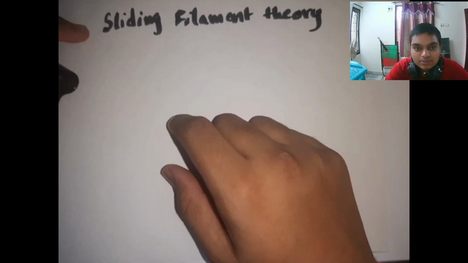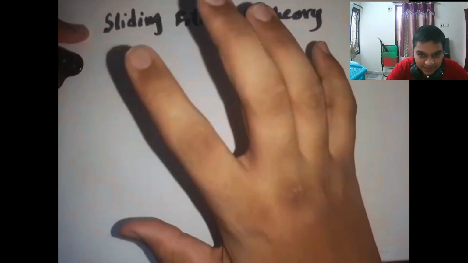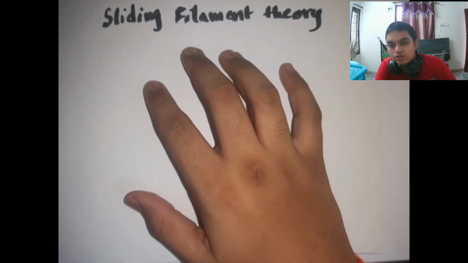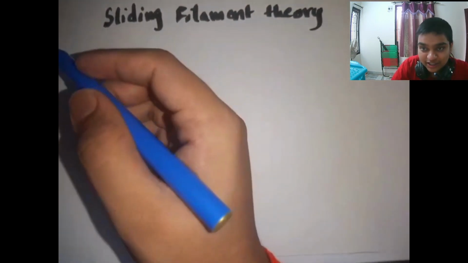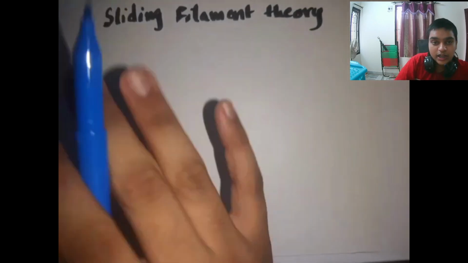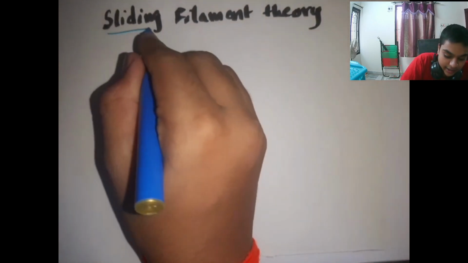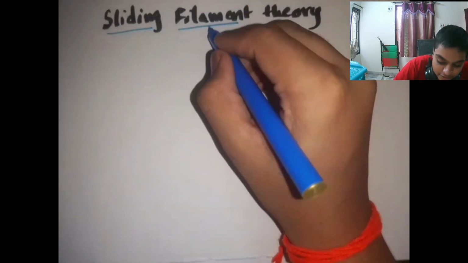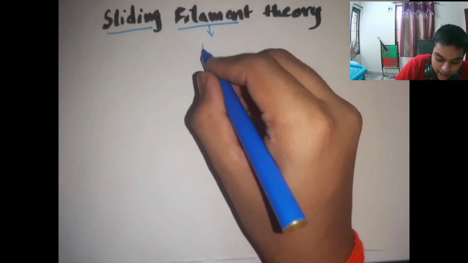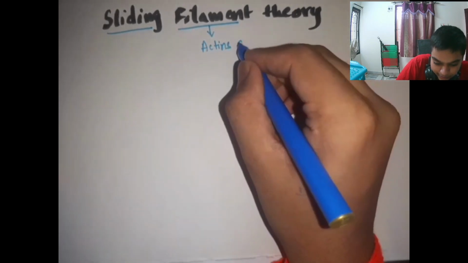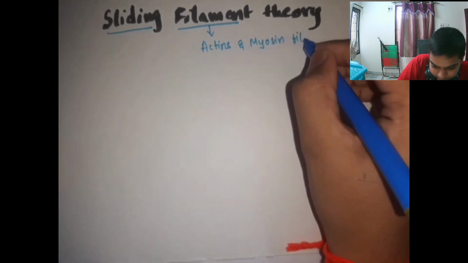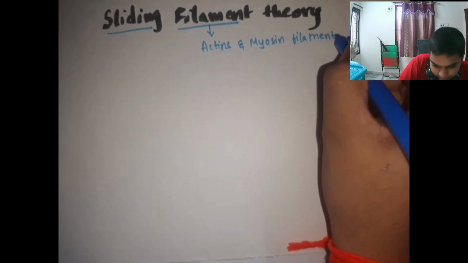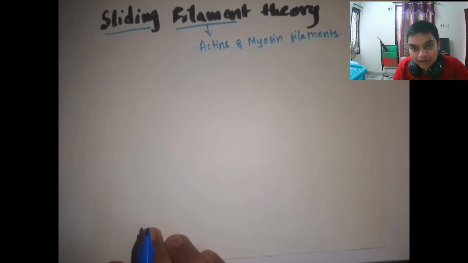Okay, today let's discuss the sliding filament theory. This theory tries to explain muscle contraction. Let's understand the name of the theory: sliding filament. Here the filaments are the actin filaments and the myosin filaments.